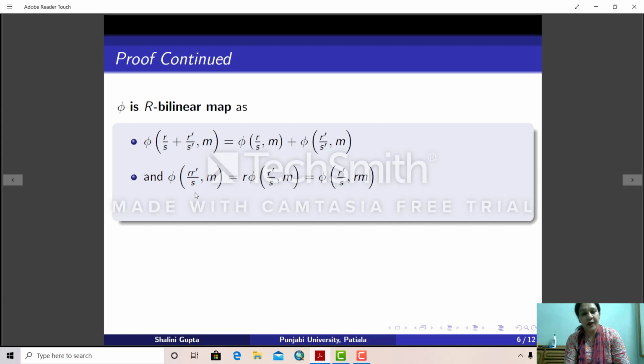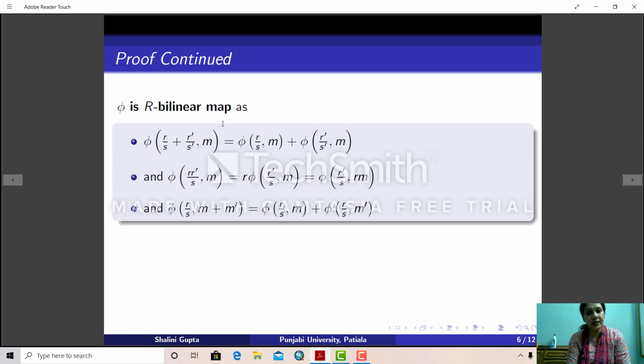Phi(r r'/s, m) is equal to r phi(r'/s, m), which is equal to phi(r'/s, rm), and it is linear in the second variable. Phi(r/s, m + m') is equal to phi(r/s, m) + phi(r/s, m'). So since phi satisfies these three properties, phi is an R-bilinear map.